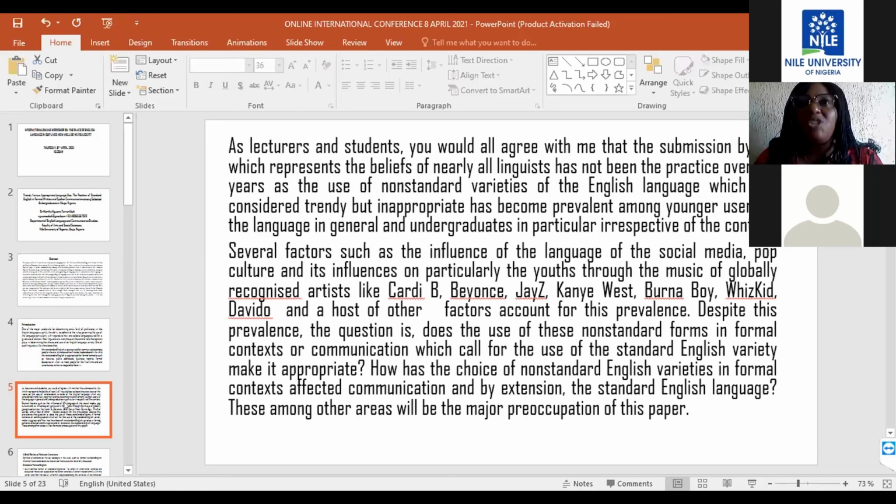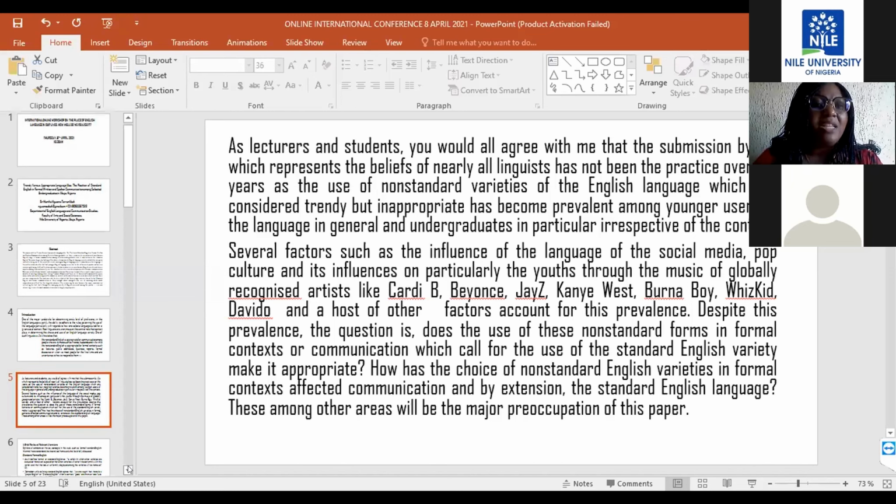And this, of course, has been an enabler of the dissemination of different kinds of English language varieties through pop culture, like music, fashion, movies, and the rest of them, that come with some of these trendy, so to speak, vocabulary items that have found their way into students' communication.